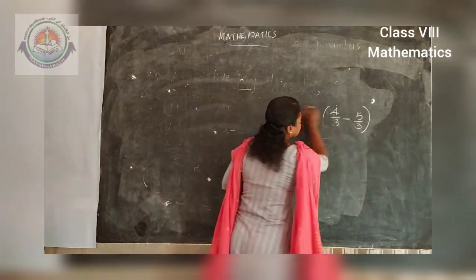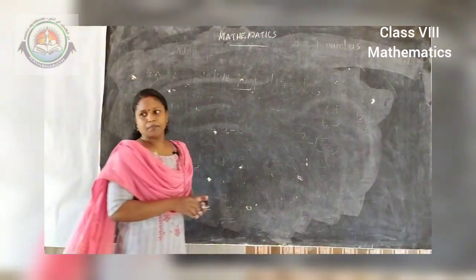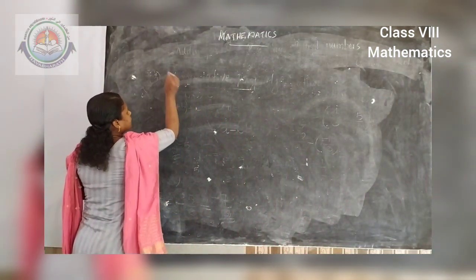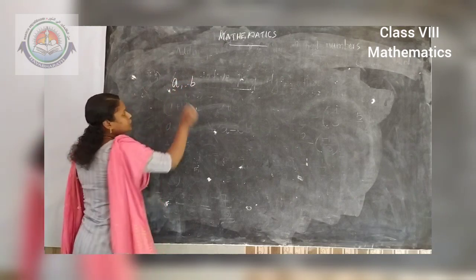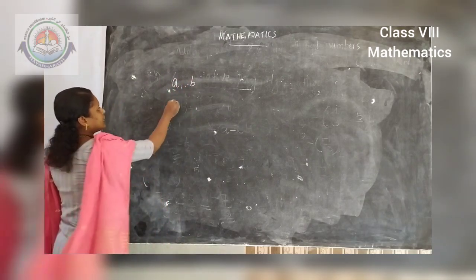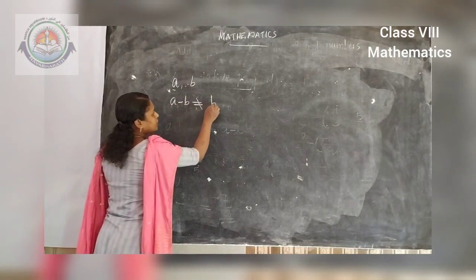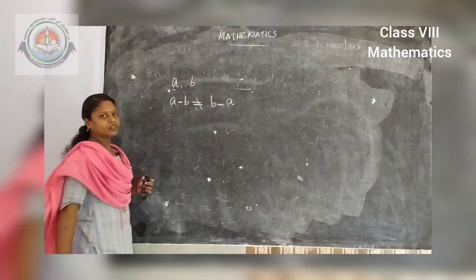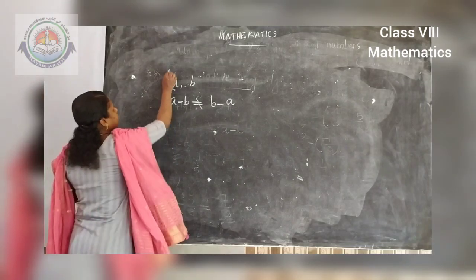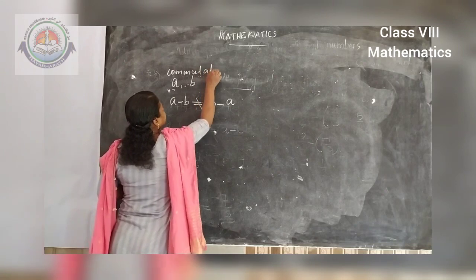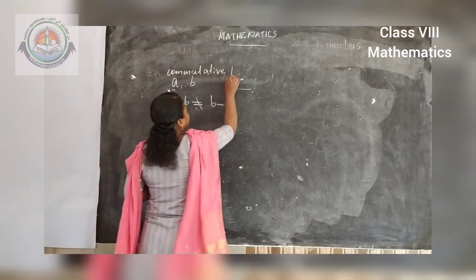That is also not satisfied for rational numbers. That is, if a and b are two rational numbers, a minus b is not equal to b minus a.